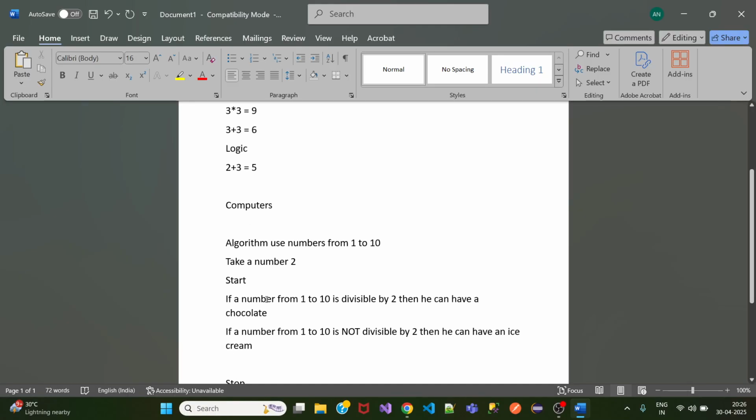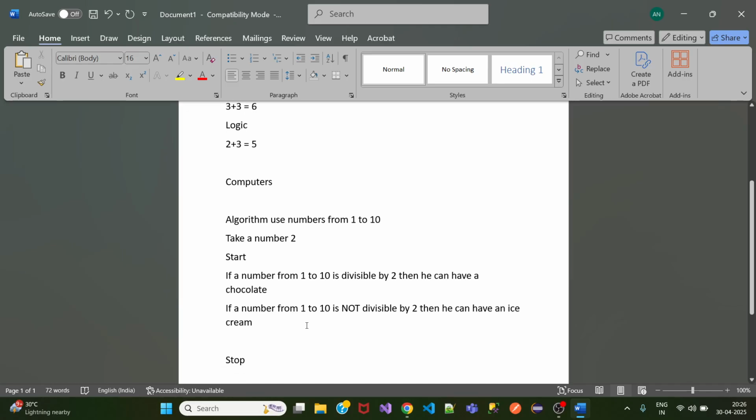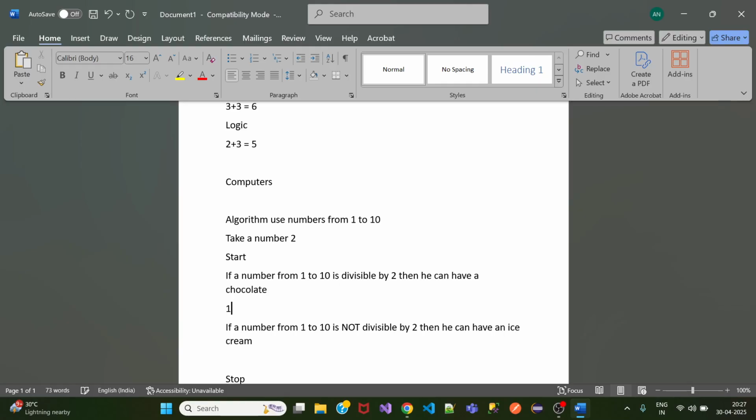Yeah, we'll keep chocolate and ice cream. And not divisible in the sense, 1 divided by 2, I don't think so. The remainder is 1, I think, 0.5. Okay, this is not divisible by 2.